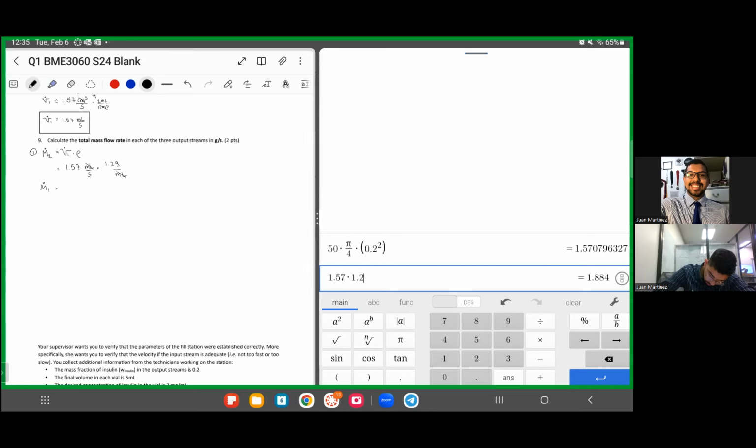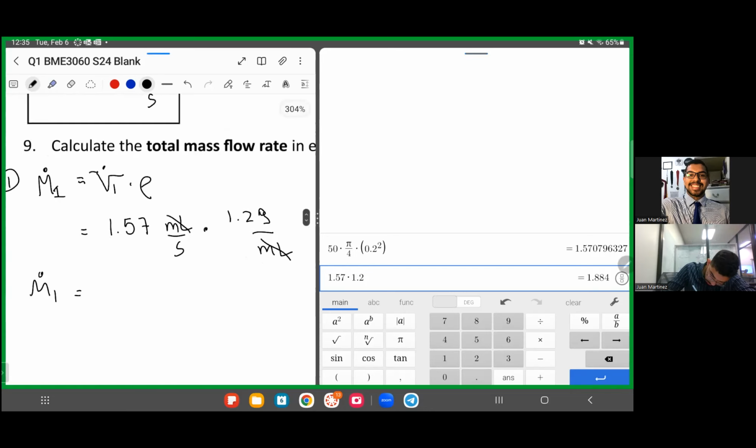So we get that the inflowing mass is 1.88 grams.